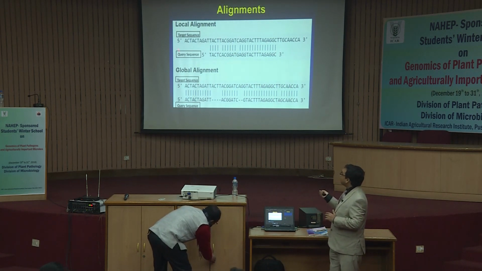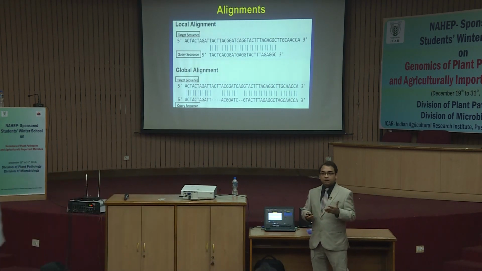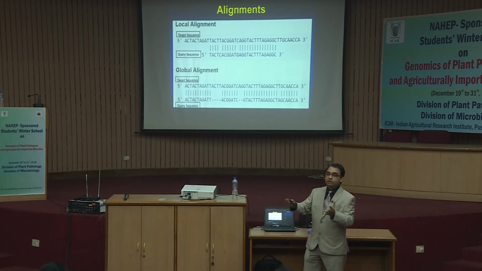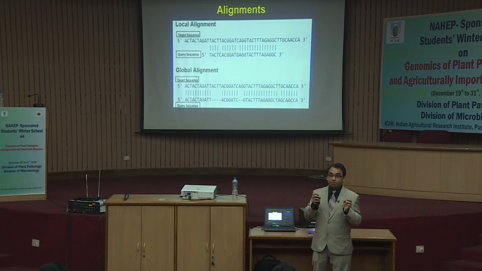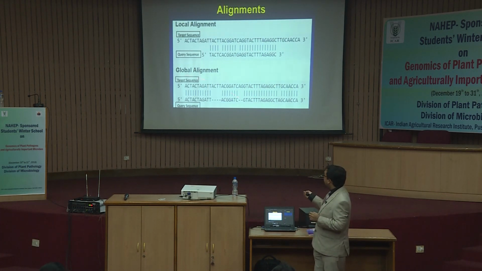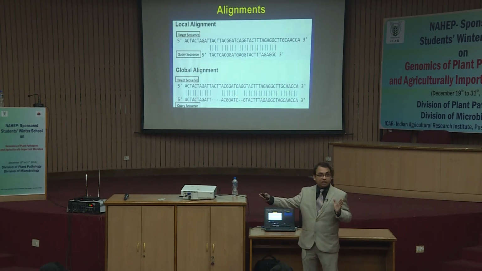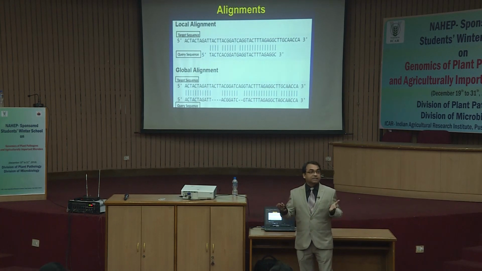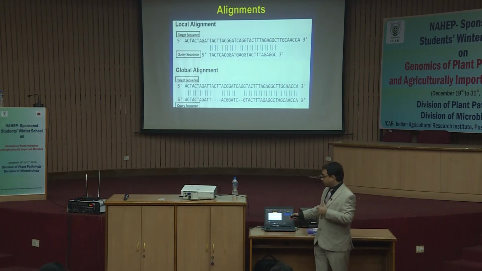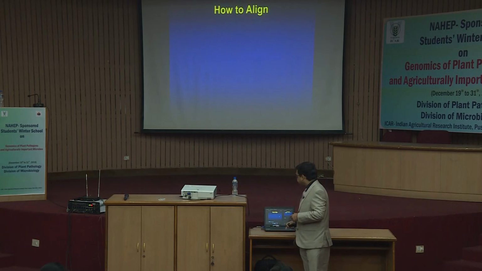So, local alignment is a very quick way to know how much region in the entire sequence is showing similarity. But if you really want to tell the percent similarity or percent identity, then you have to take the entire sequence, the entire coverage. If you do not take the entire coverage, you cannot tell the exact number of identity or similarity, as I will explain later.